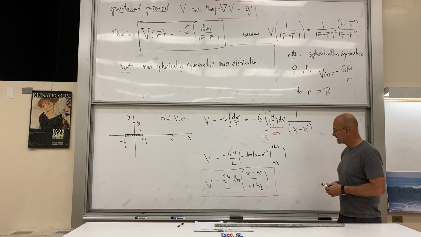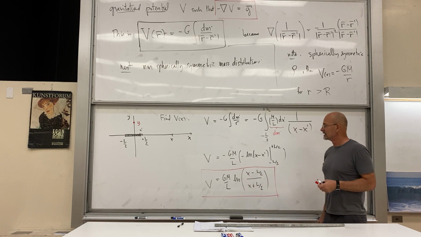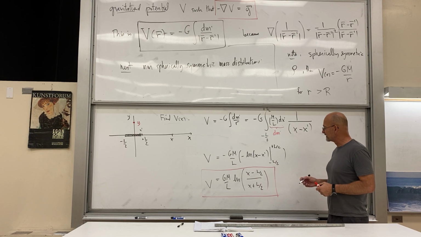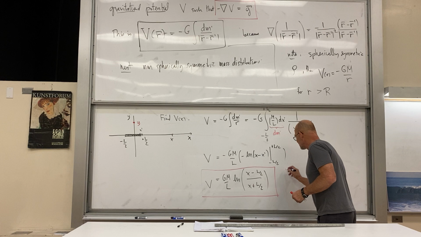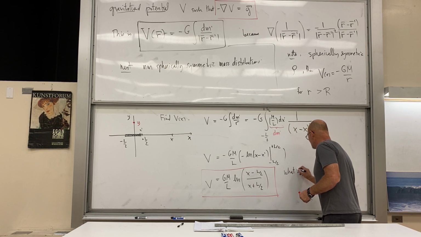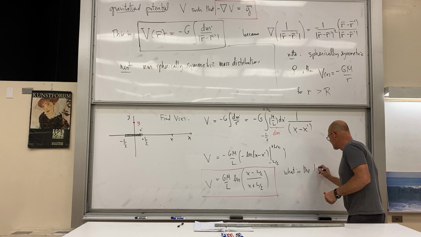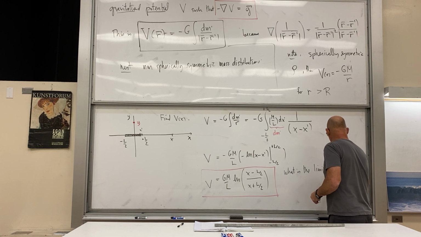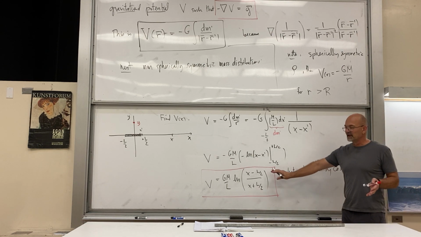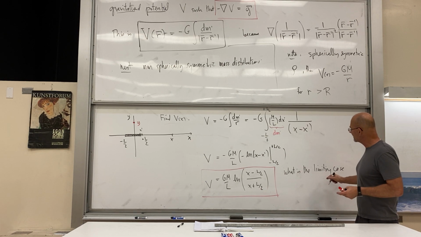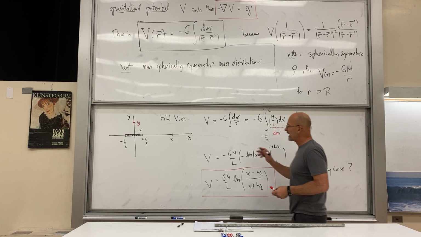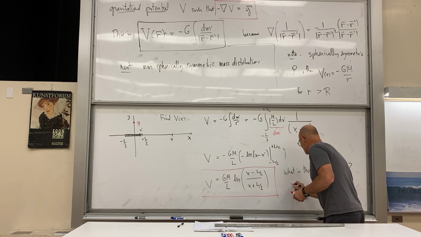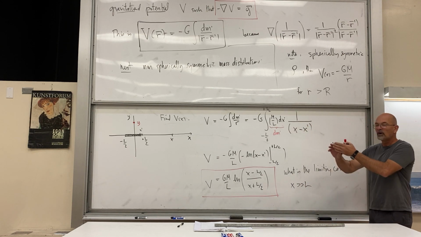And the next thing, what do we see here? We no longer see anything clearly, so we need to talk about limiting cases. What is the limiting case? We need to find a limiting case so that we can actually believe this thing. So the limiting case I'm interested in is when x is much larger than L. X much greater than L, then we're far away from it.